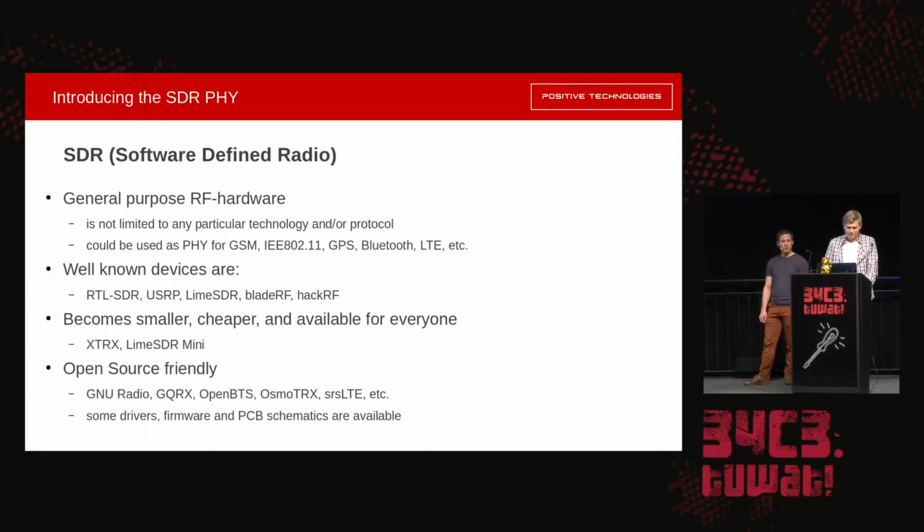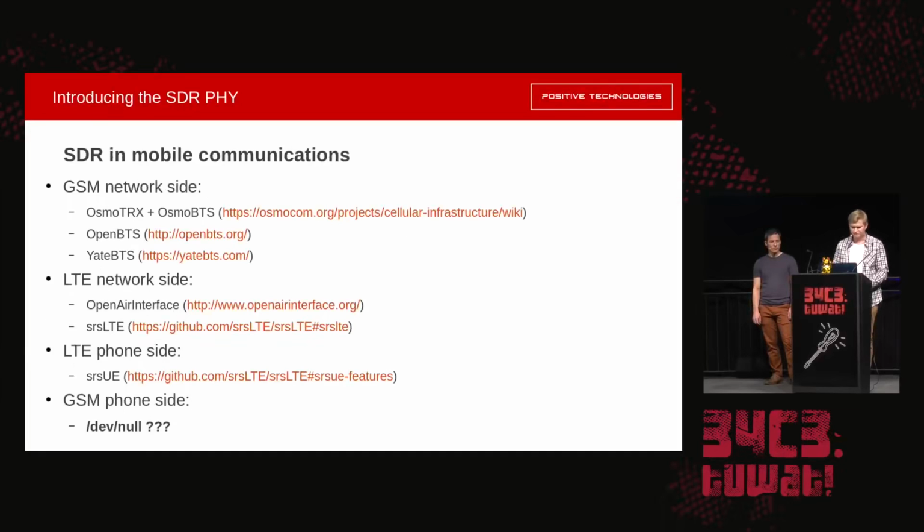The good news here is that this is open source friendly. Many open source projects do support SDR, and many SDR vendors do support open source. And of course, software-defined radio is popular in the scope of mobile communications, so you can run your own LTE network, for example, or run your own GSM network.